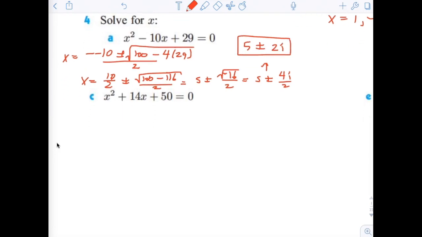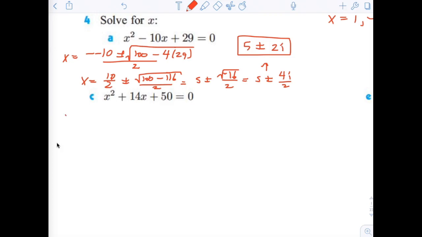x squared plus 14x plus 50 equals 0. Okay, I don't see this as being easily factorable either. If the roots are going to be complex, it's not going to be easily factorable.